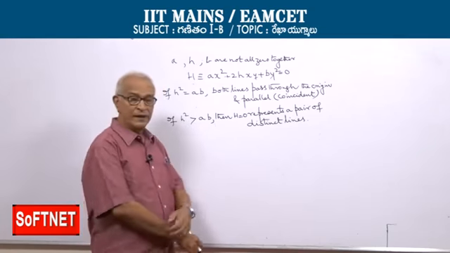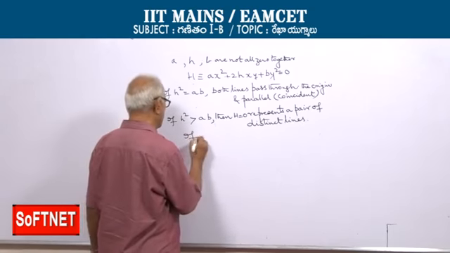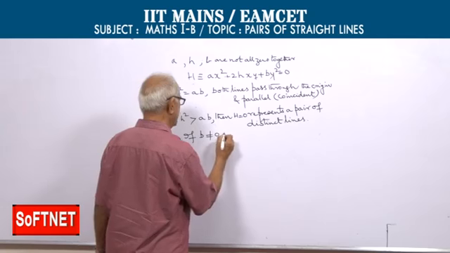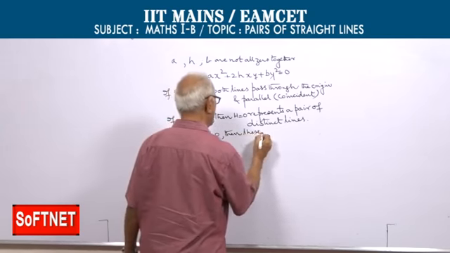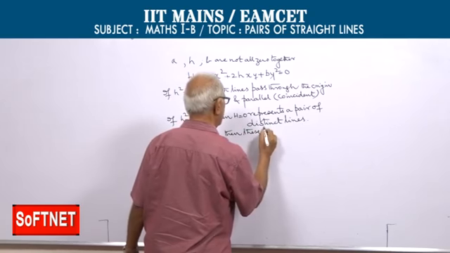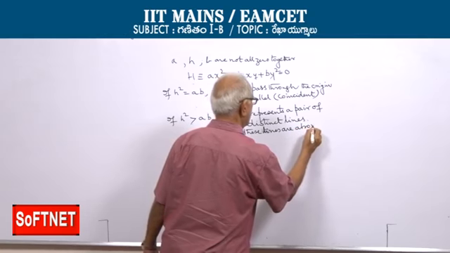అయితే ఇన్ ది సెకండ్ కేస్, ఈ డిస్టింక్ట్ లైన్స్ అయినప్పుడు, if B not equal to 0, then these lines are also non-vertical.